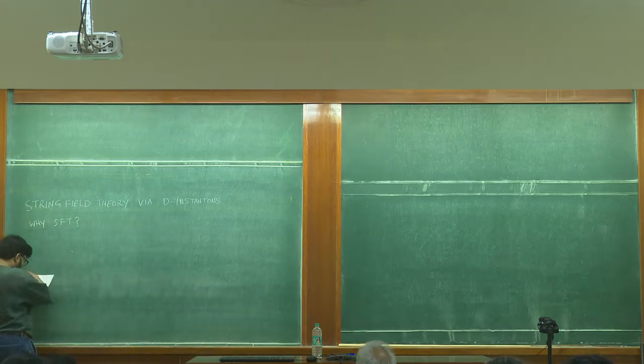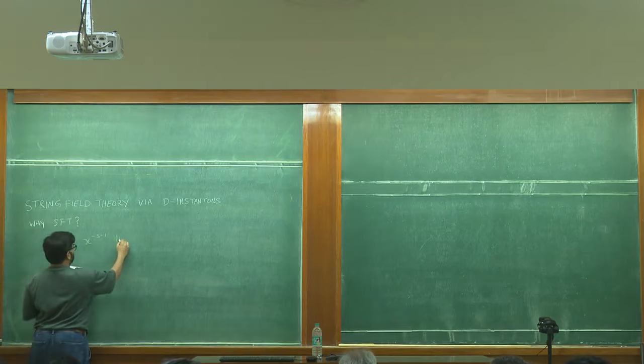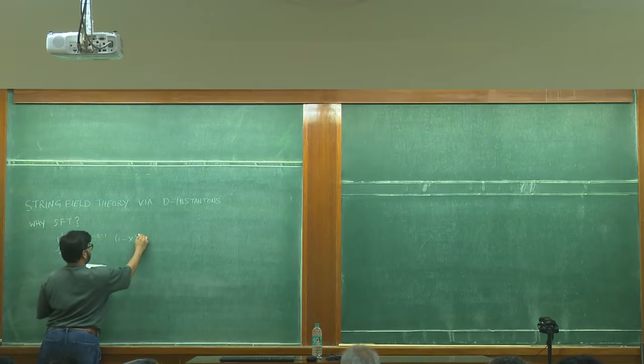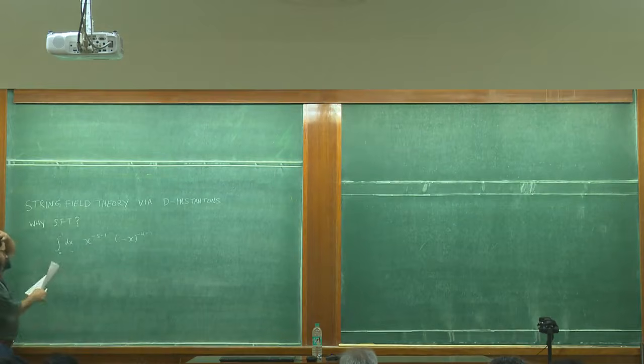Okay. But let me write the first formula. There is this thing: the integral dx x to the minus s minus 1, times 1 minus x to the minus u minus 1. Can anyone tell me what this formula is trying to compute?